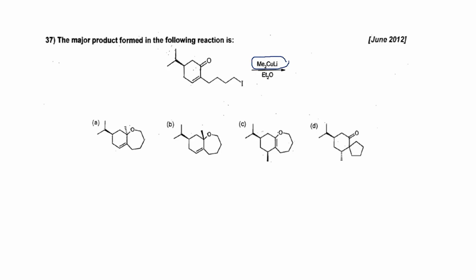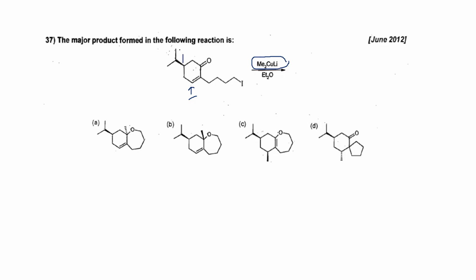What is the difference between a Gilman reagent and a Grignard reagent? Whenever an alpha beta unsaturated compound is given, if you add a Grignard reagent, it will attack the carbonyl center. But if you add a Gilman reagent, it will attack the beta carbon. As a Gilman reagent is given, it will attack the beta carbon.